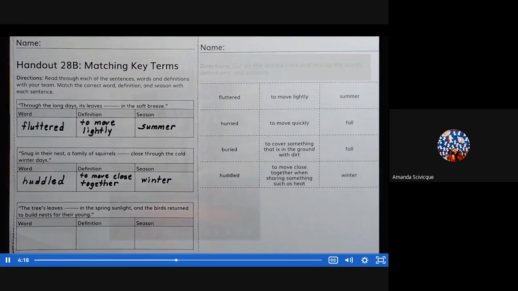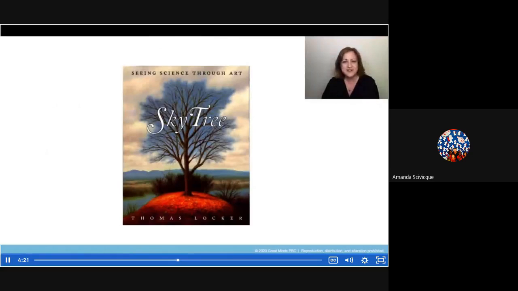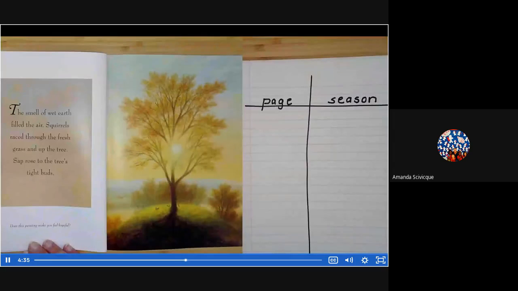The words and the illustrations in Sky Tree work together to give us clues about the seasonal setting in the story. Today, we'll reread sections of the text to identify the seasons in Sky Tree. As I read this page aloud, I want you to focus in on the author's words.